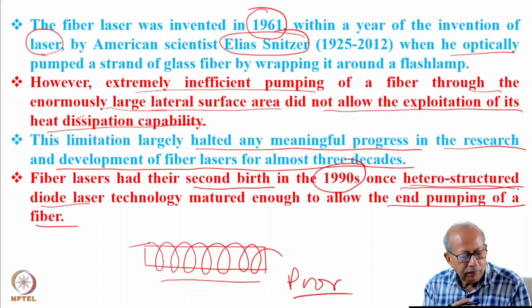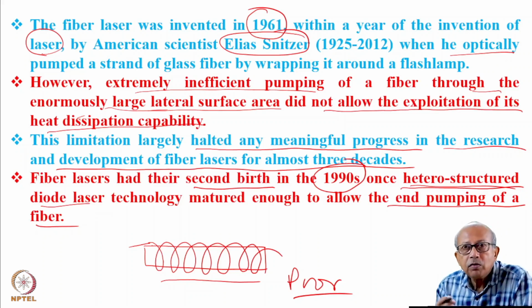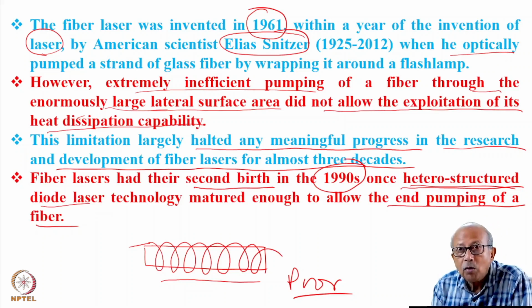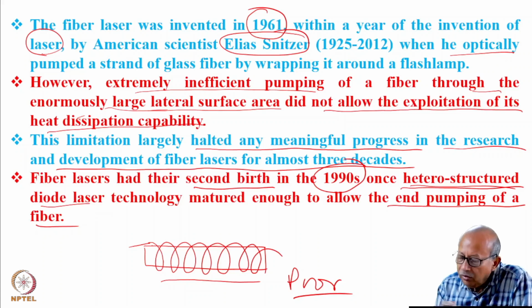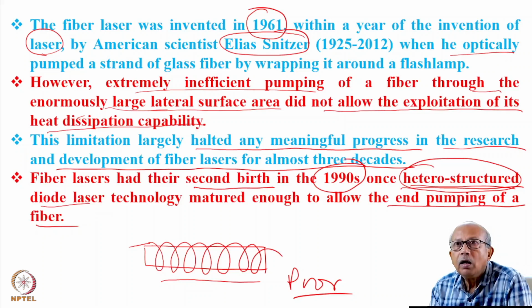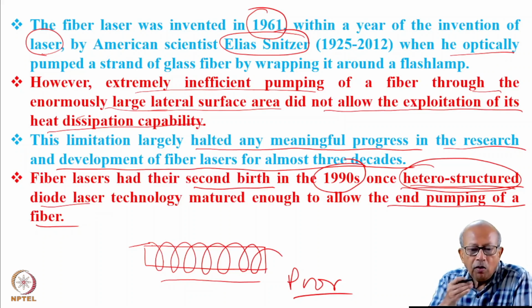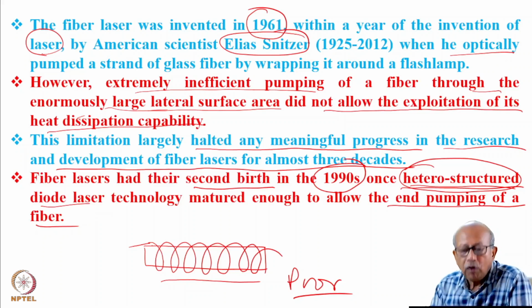Heterostructured diode laser allowed operation of a diode laser for the first time in a continuous mode. We will of course understand more about this heterostructured laser when we take up the working of semiconductor laser, just following our study with fiber laser.